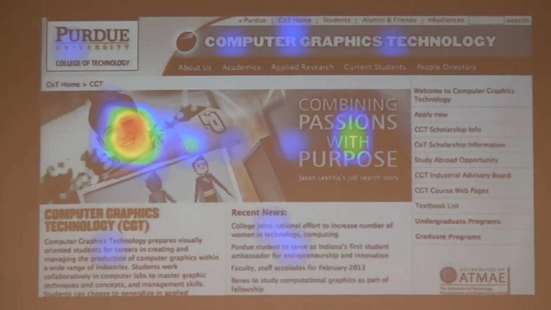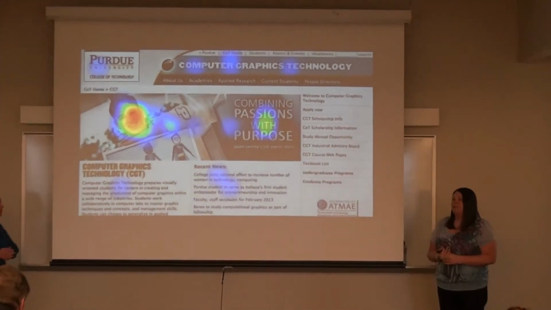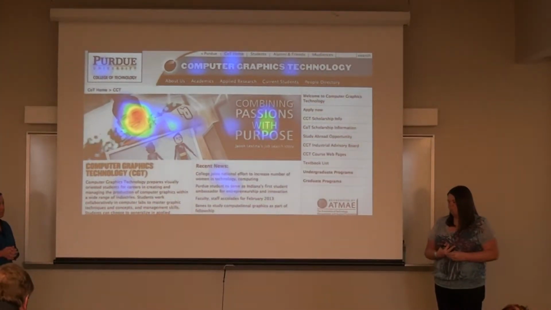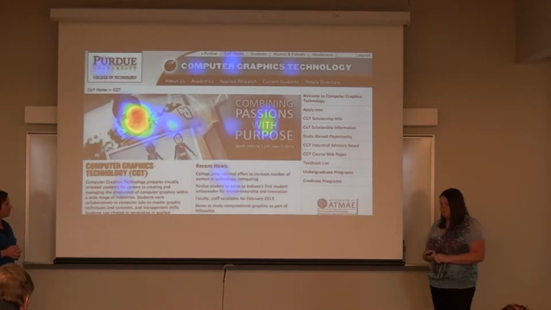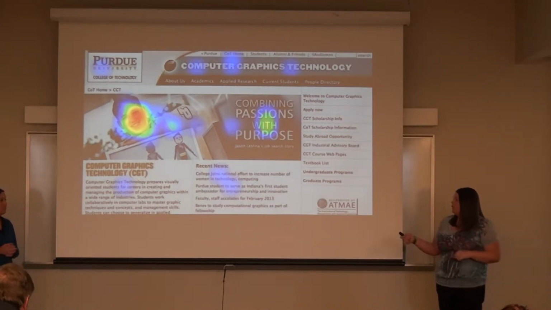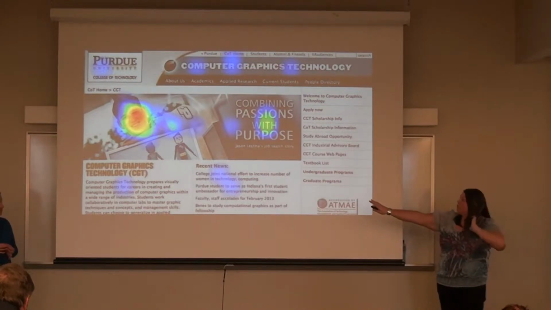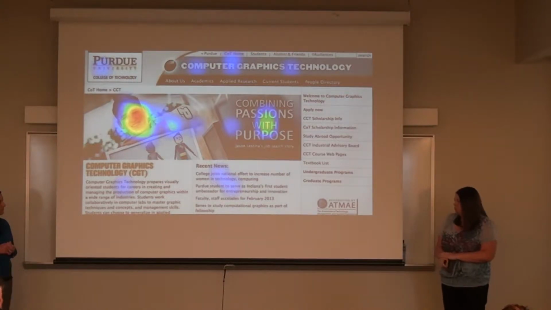The user was asked a question about the page here, and it said, when you first glance at the CGT website, where do you look? And as you can see by this, you can see where the darker colors, the warm colors, is where most of the activity was done. We had approximately 60 responses on this.